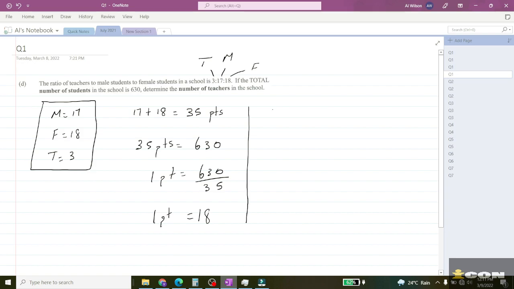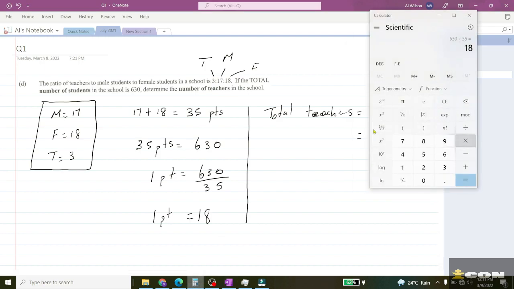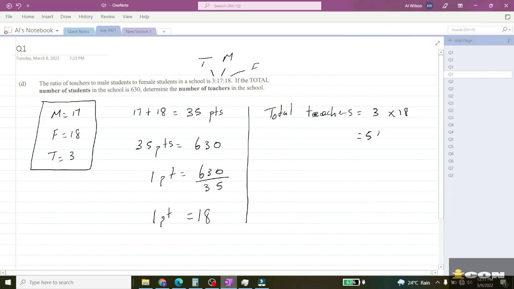So the total teachers will be equal to 3 times 18. 3 positions times what is one position, and 3 times 18 is equal to 54. Okay, and with that being said, now let's move on to question number 2.